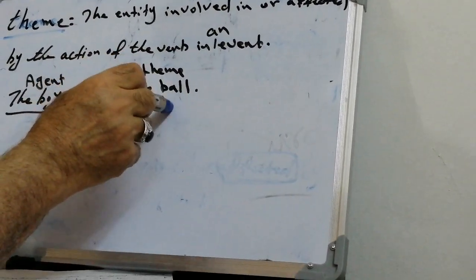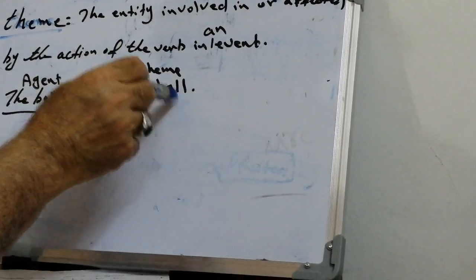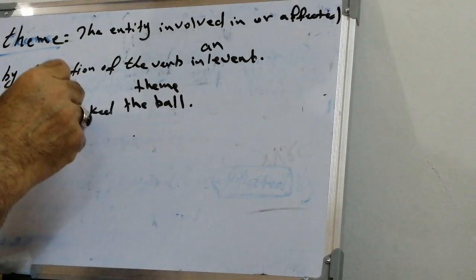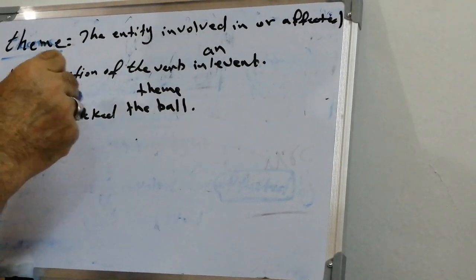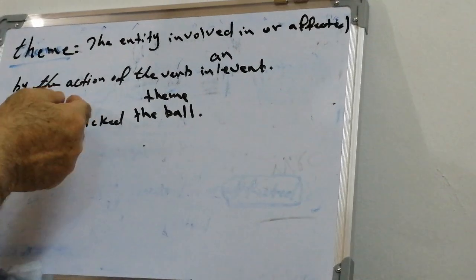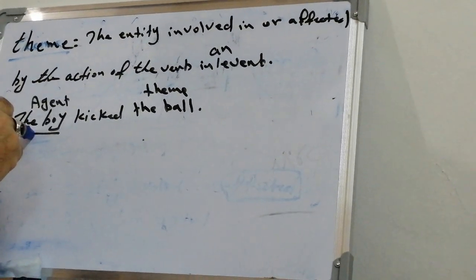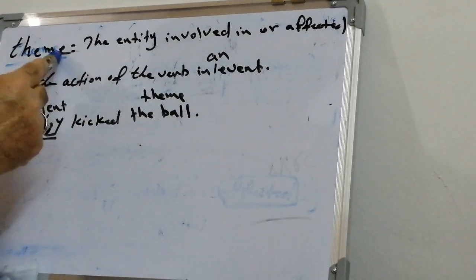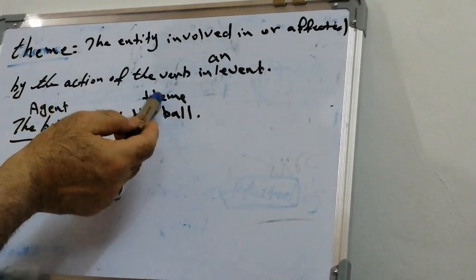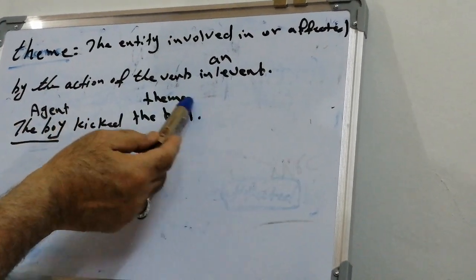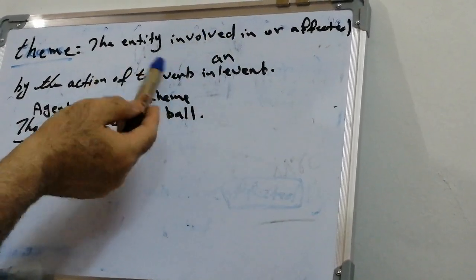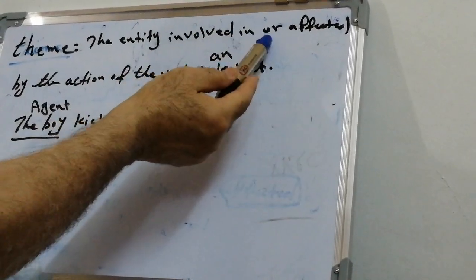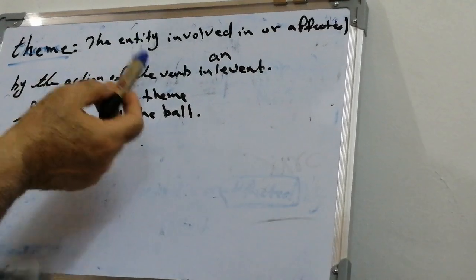The ball is affected by the action in the verb kicked, which the boy did. So we call this what? Theme. So theme is the entity involved in the event, but how? Affected by the action. It does not affect.